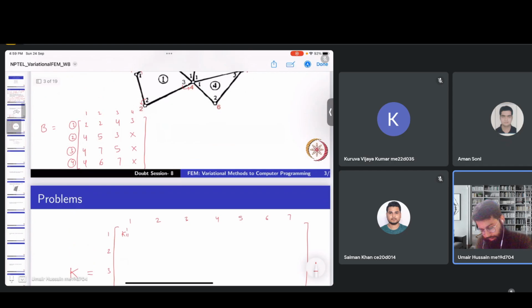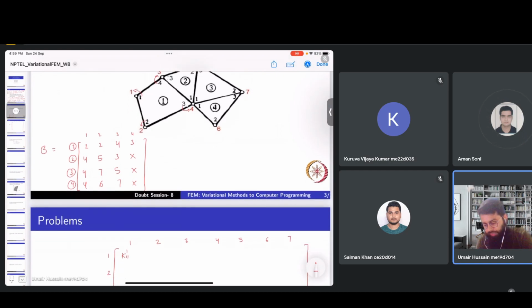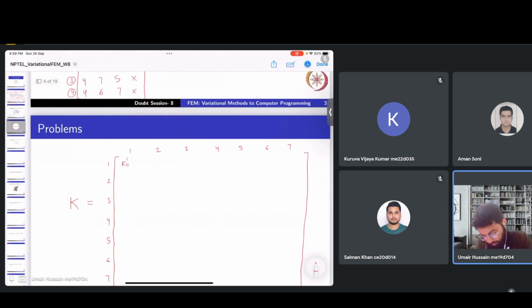Node 3 is part of two elements here, so it should have contribution from element 1 and 2. For element 1, it's the fourth node. So for element 1, it's 4, 4 plus for element 2, it's 3, 3.